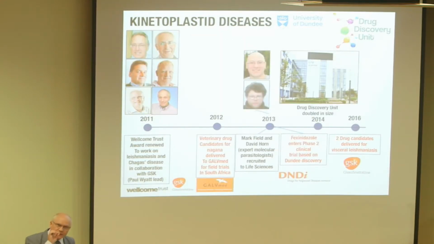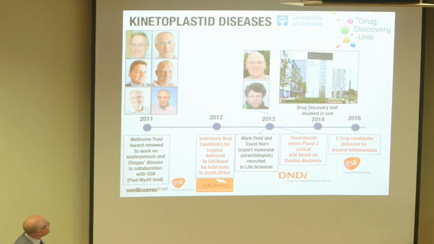Nevertheless, it was a great proof of concept project because it showed that we could actually produce good pharmaceutical drug-like compounds in our academic setting, because there was a lot of skepticism at the time about whether that would be possible. So in 2011, we were awarded another dollop of cash from the good old Wellcome Trust, and this team of people, Paul Wyatt, Ian Gilbert, David Gray, Kevin Read, myself, and Alan Fairlamb, embarked on another 5-year program of discovery.